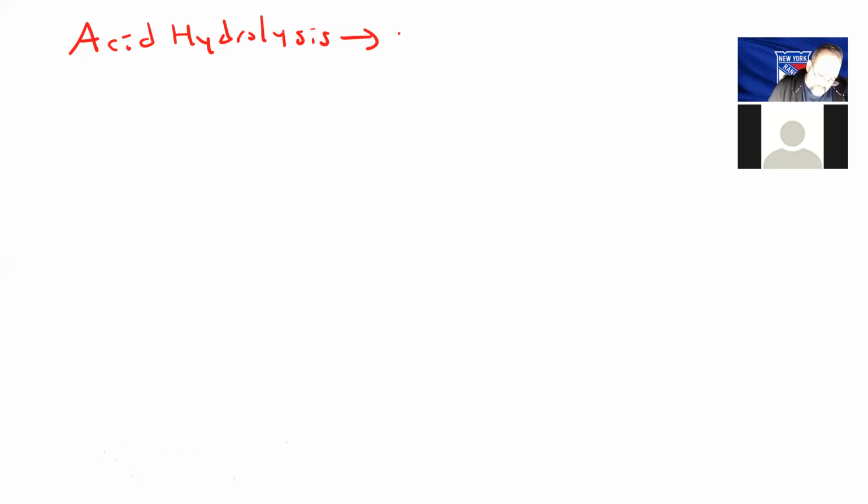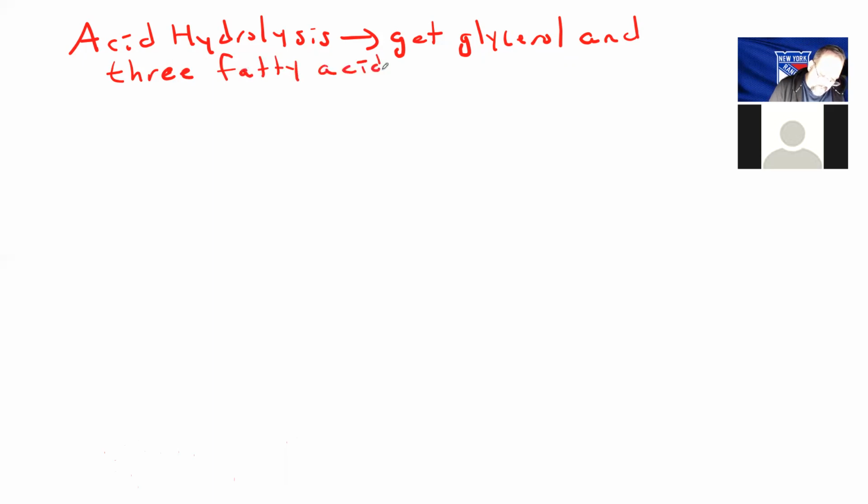Here, the alcohol is always going to be the same. The alcohol we're always going to get is going to be glycerol. And instead of getting back one carboxylic acid, instead, we're going to get back 3 fatty acids, which might be the same, or they may be different depending on the structure of the triacylglycerol.